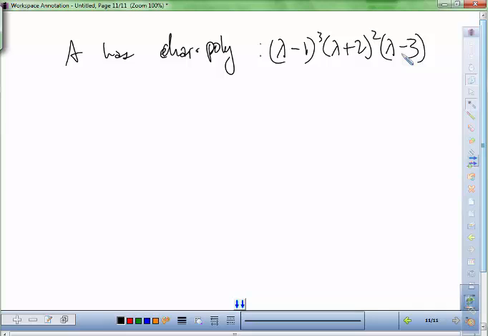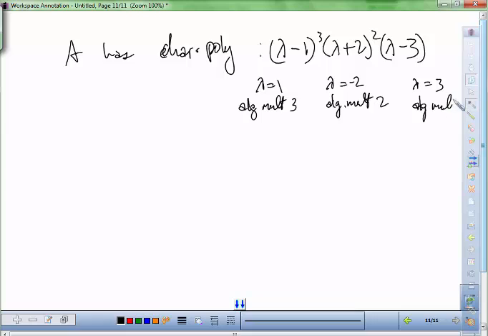So lambda equal to 1 has algebraic multiplicity of 3. Lambda equal to negative 2 has algebraic multiplicity of 2. And lambda equal to 3 has algebraic multiplicity of 1.